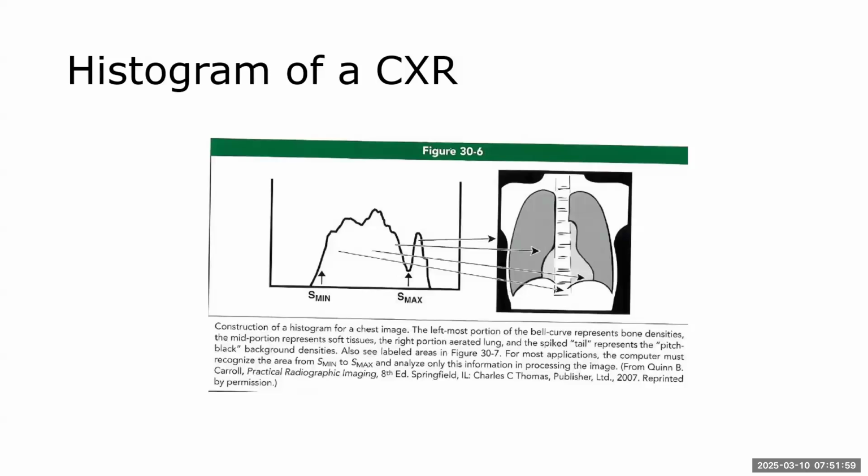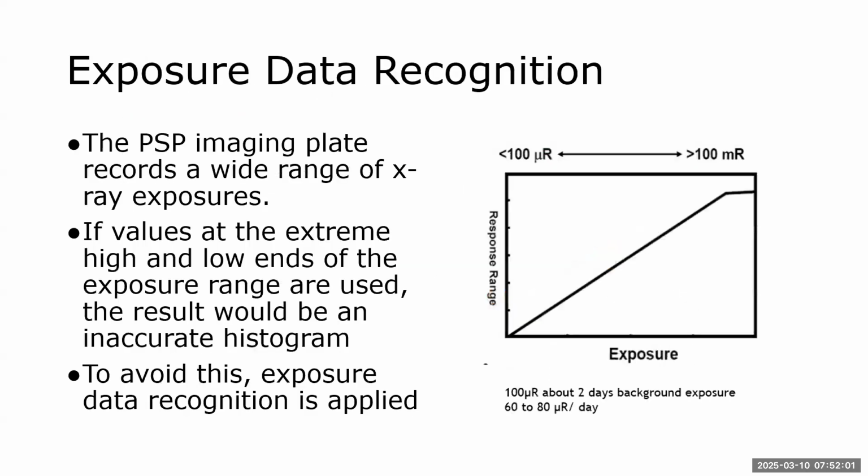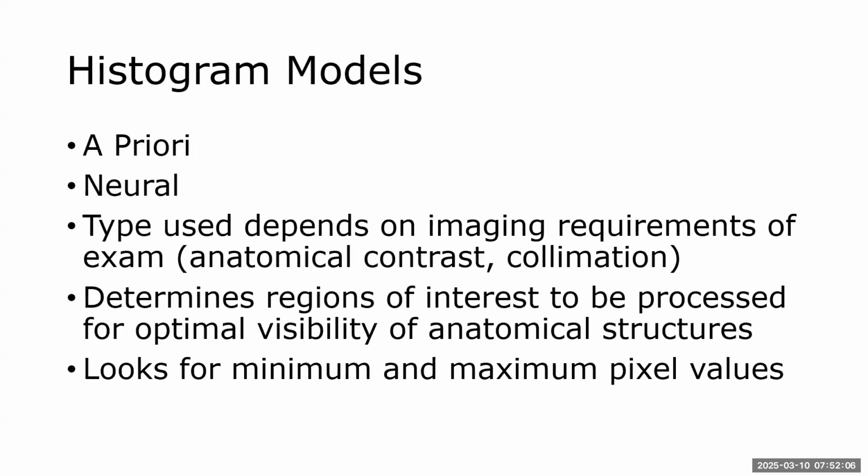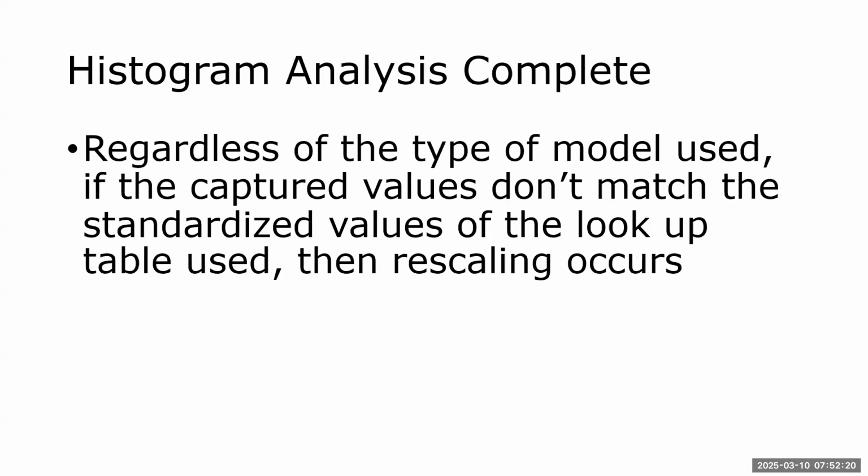So it doesn't want to include those values when it's doing the histogram analysis. So basically, again, I just want you to know the names of them. I used to get into it, because a priori has 3 different types, and neural is considered a thinking model. I think it was just more than you needed.